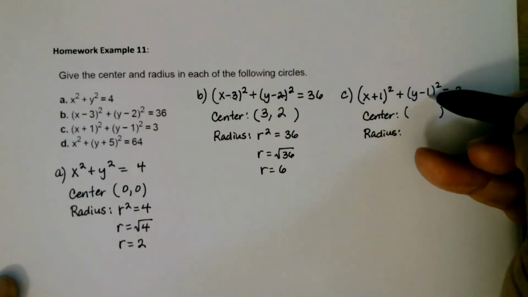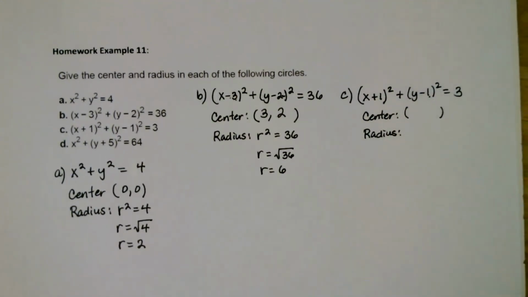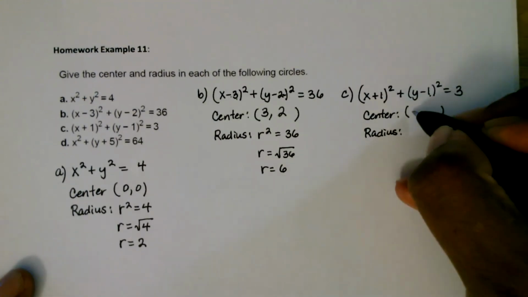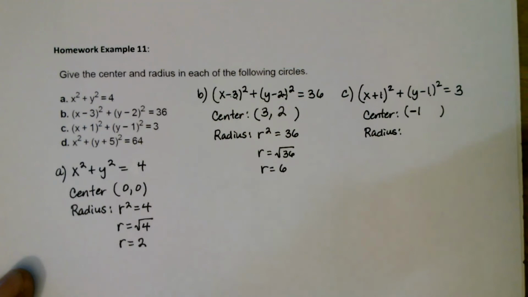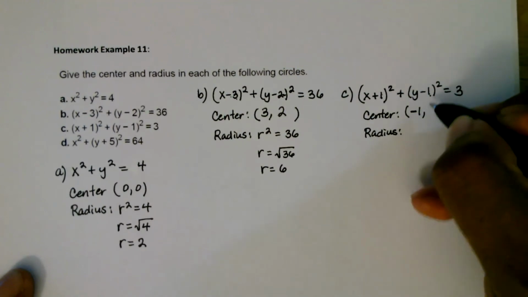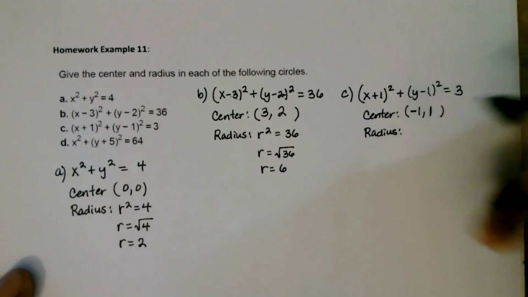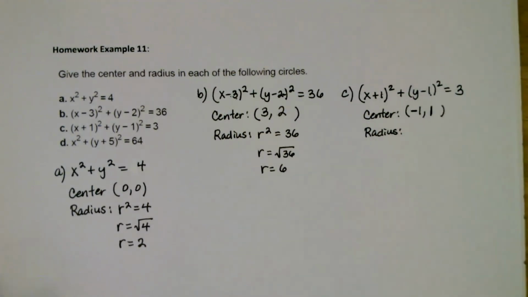Here's your h and here's your k. Each one, we take the opposite sign. This is a +1, so the h will have to be -1. And this is -1. The opposite sign of that will have to be a +1. Okay, so the center is the ordered pair -1, 1.